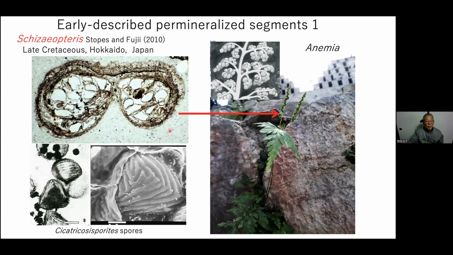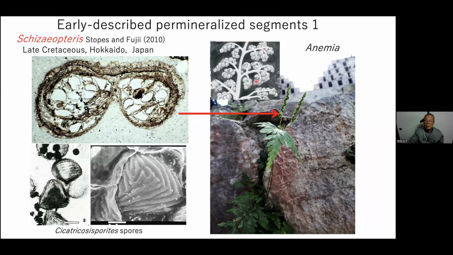This is the specimen secondarily found by Yoshida and described by Yoshida and Nishida before, and which is identified also as Schizaeales mesozoica, the same species that Stopes and Fujii described. And this one has a beautifully preserved fertile part, and the leaf segments enclose the sporangia. And the reconstruction is probably like this.